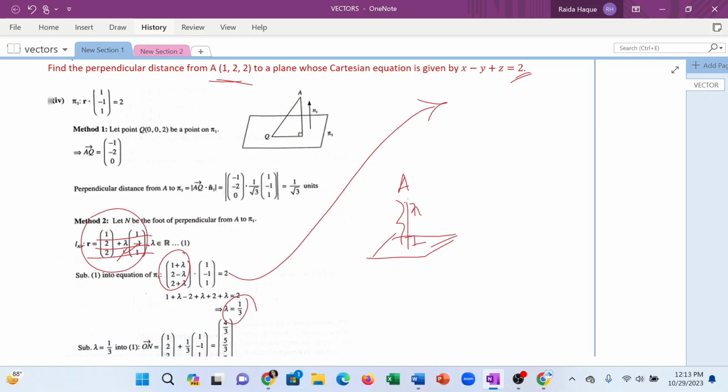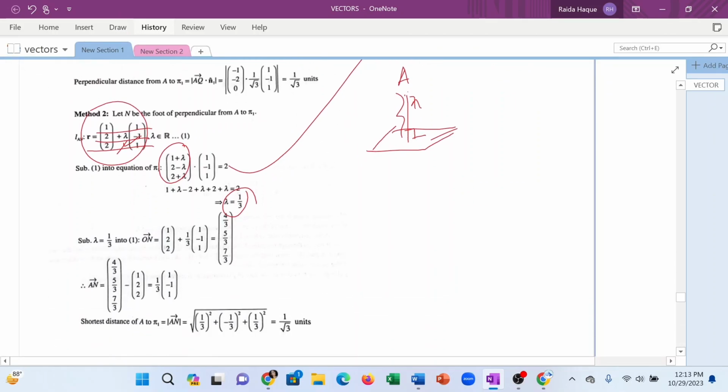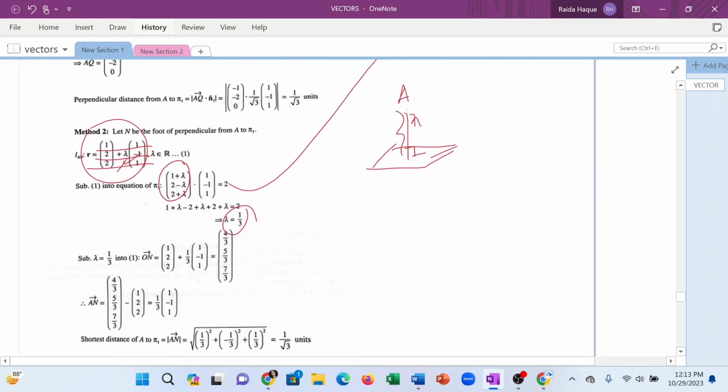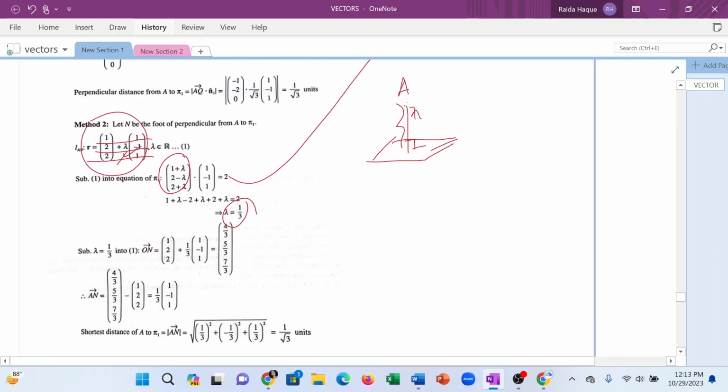Now what you will do is, once you have the value of lambda, you will use this equation again to find ON, which is the foot of the perpendicular.